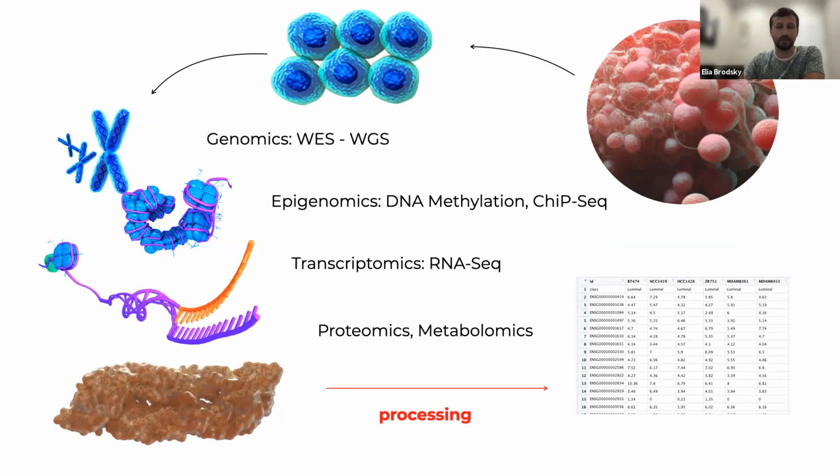We can talk about DNA methylation and ChIP sequencing, where we take a look at immunoprecipitation and methylation processes that help us extract meaningful insights about epigenomic regulation, or epigenetic regulation, sorry. We can look at RNA sequencing or levels of gene expression, and we can also look at peak calling, for example, for proteomics and metabolomics, trying to understand what kinds of proteins and metabolites are being expressed in the sample.